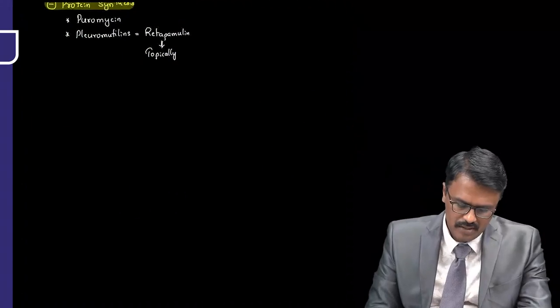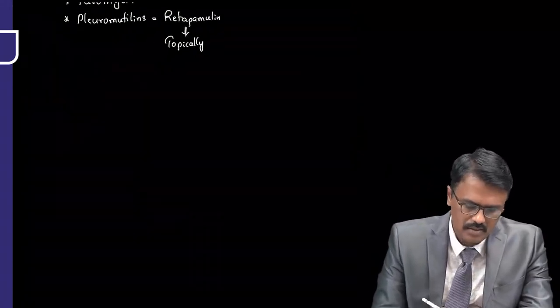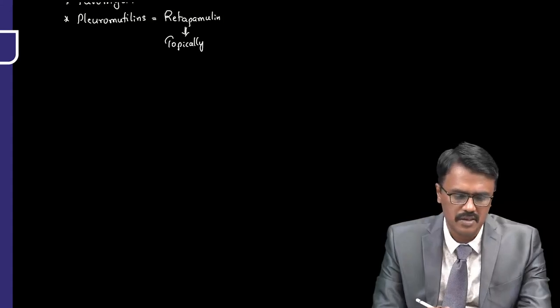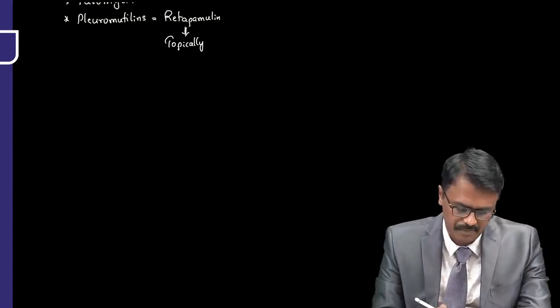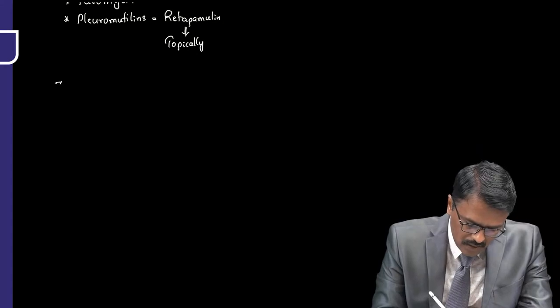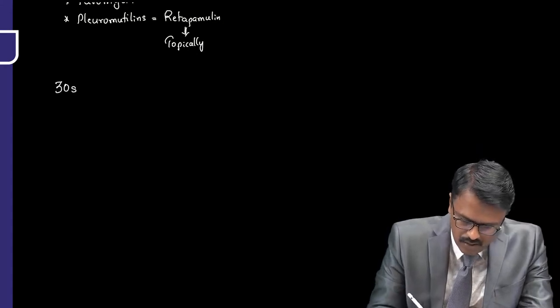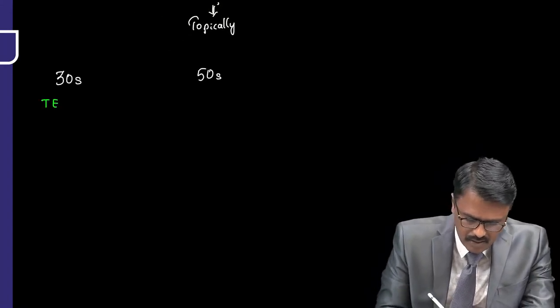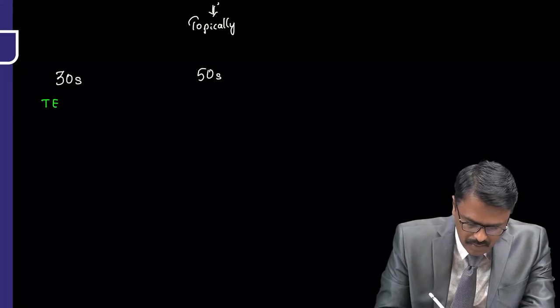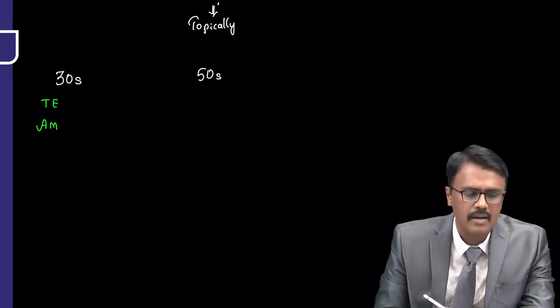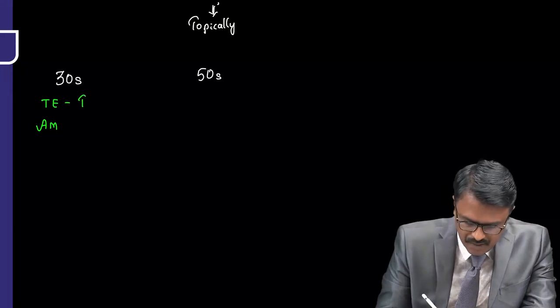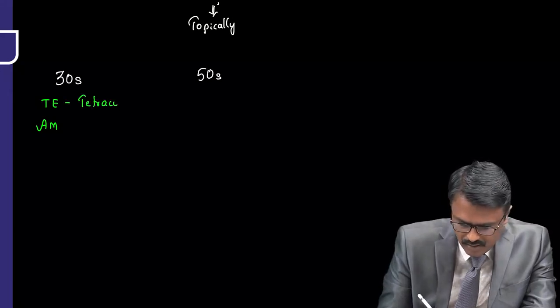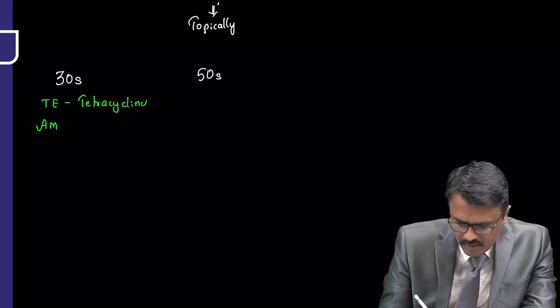Now once we are clear with this, let us write certain specialties of protein synthesis inhibitors. What are the specialties? Now what drugs bind to 30S and what drugs bind to 50S in these ribosomes? Remember the drugs which bind to 30S, you can remember by the mnemonic T. Now T stands for the tetracyclines and AM stands for the aminoglycosides.